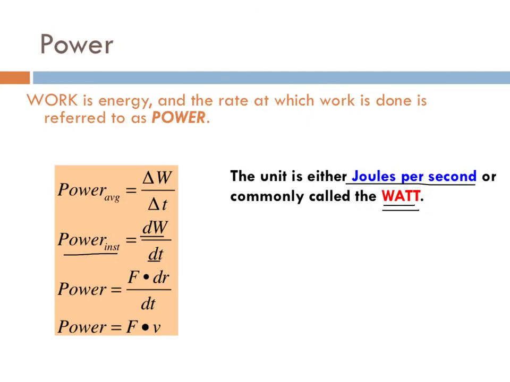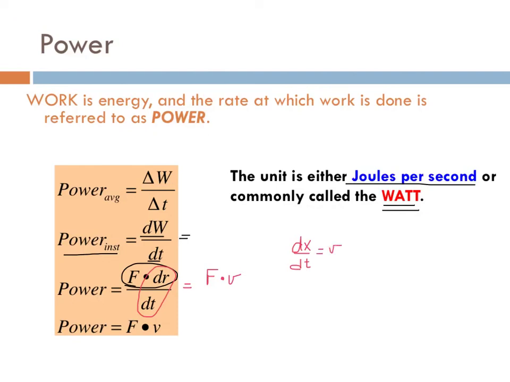Now, remember that work can also be written as the dot product of force and displacement. So if we rewrite the top part as F dot r, we can see this piece right here, dr over dt, which if you replace r with x, which again is just displacement, becomes F dot v, because dx over dt is equal to v.